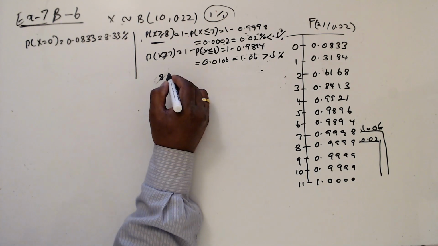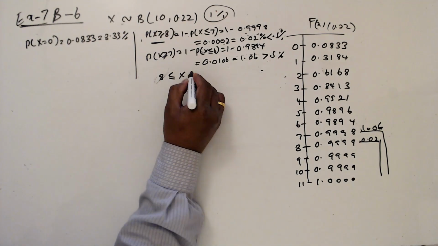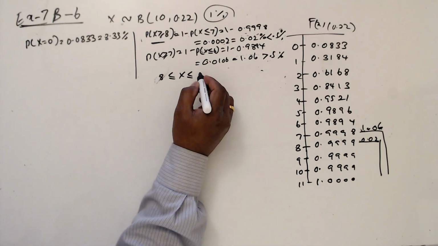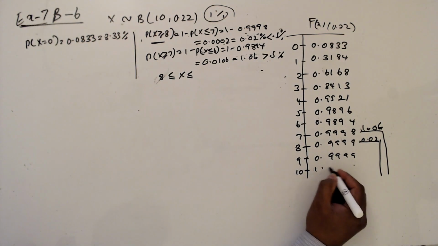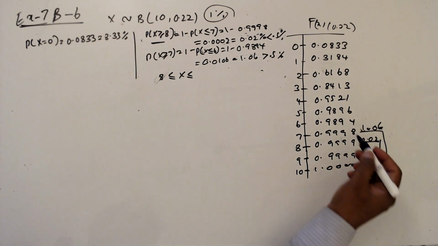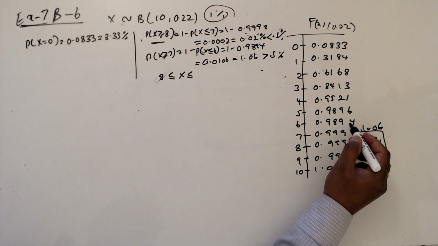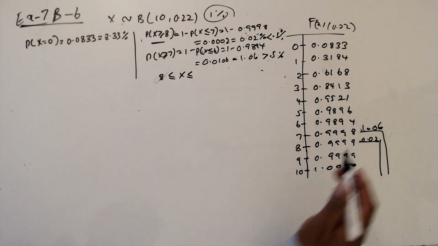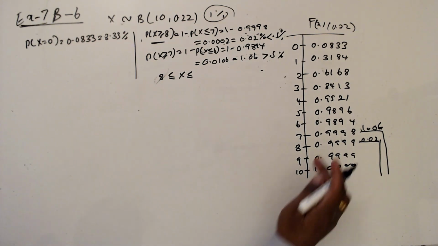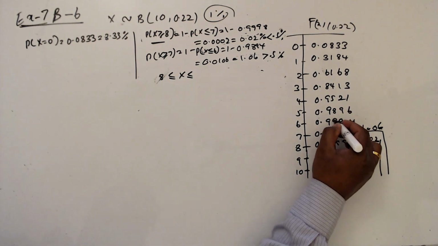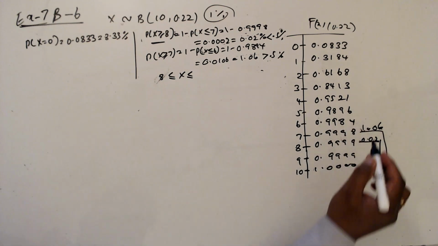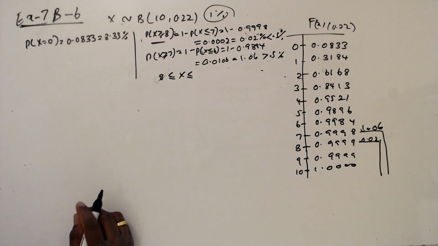So x greater than or equal to 8. That's a small change I have to make. This is 9, and this value is 0.9984, so I have to calculate this one again.